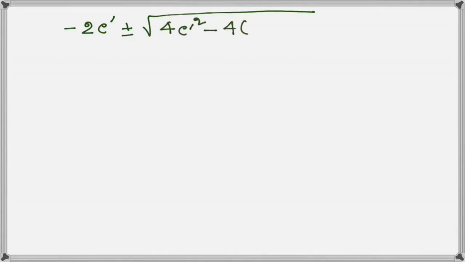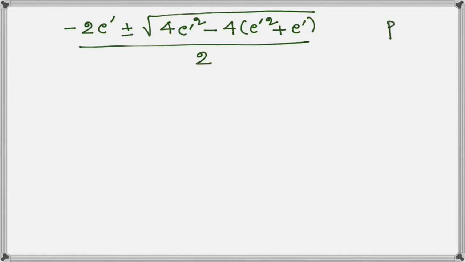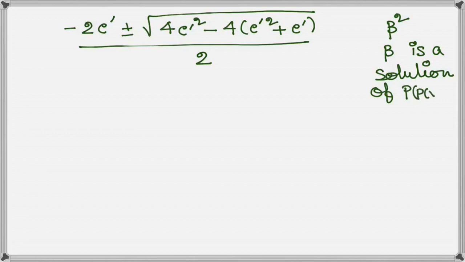After solving the equation, we obtain minus 2c prime plus minus square root of 4c prime square minus 4 into (c prime square plus c prime), divided by 2, are the possible choices for beta square, where beta is a solution of p of p(x) is equal to 0.